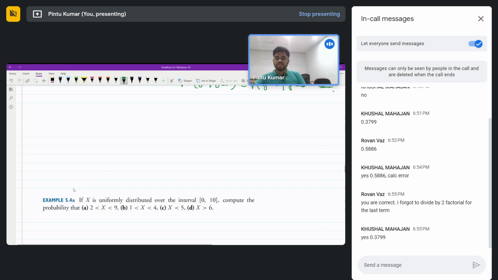So let's say this is your number line, forget about the y-axis, and this is your 0, 1 interval, or you can take any length interval.